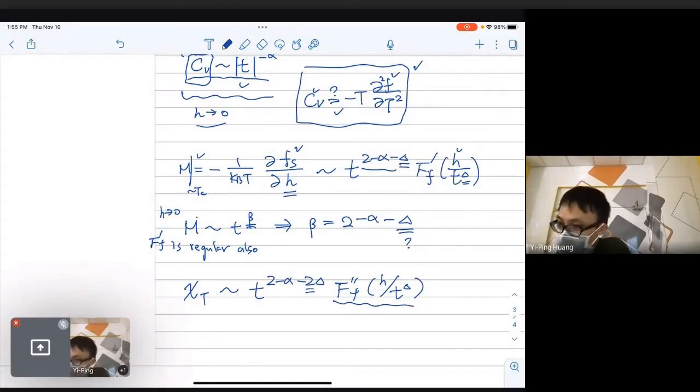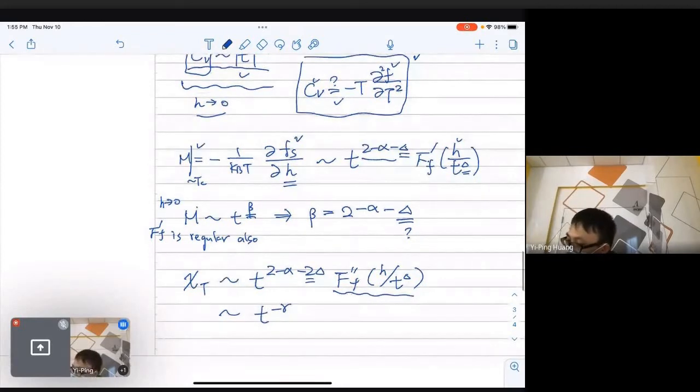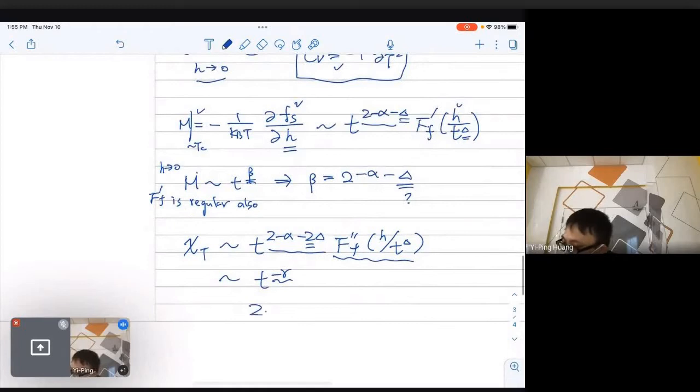But there's another important definition related to the critical exponents, related to susceptibility. That's basically t to the minus gamma. So you get another relation: 2 minus alpha minus 2 delta equals minus gamma.